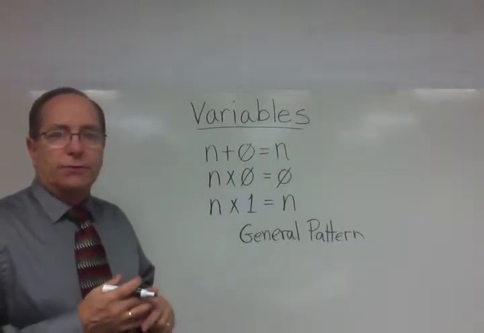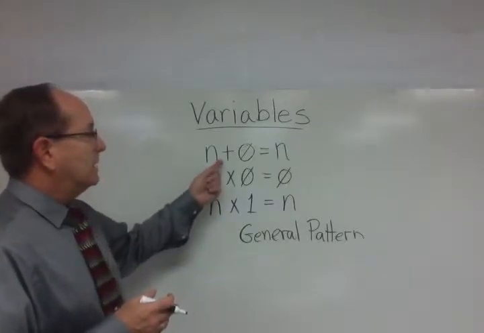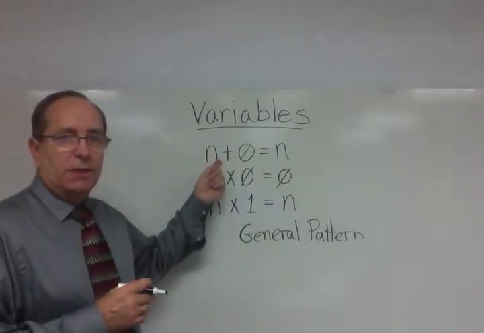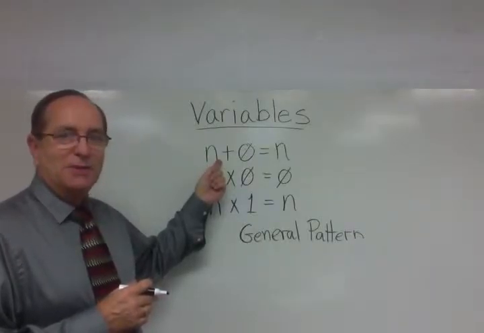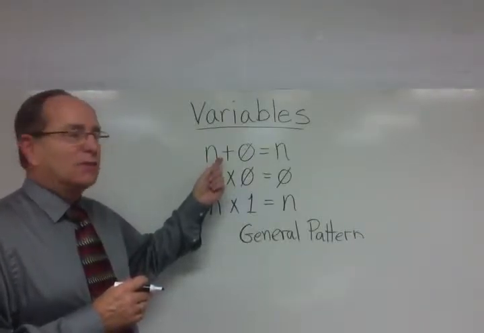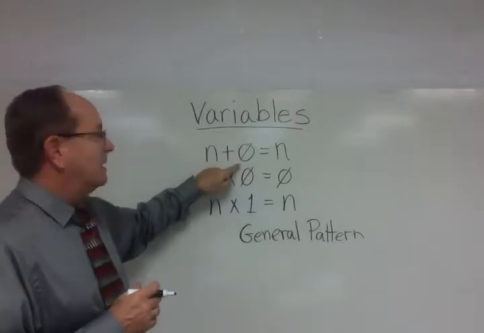Those are called rules or properties of math, and there's many of them. This is actually the identity property of addition, because anytime I add a number to 0, I know the answer already, the identity of the answer. It is that number.